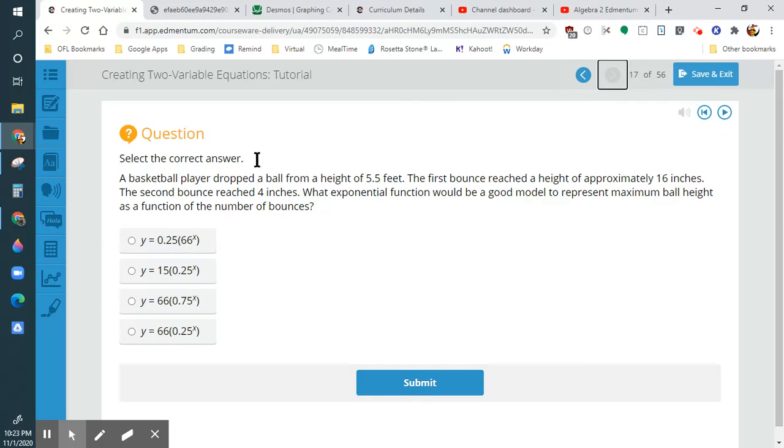All right, so let's find this. So basketball player, his height is this much, and then the first bounce, so it's going to keep decreasing. So our new is 4 and our old was 16. So we started off at 16 and then we went to 4. So this reduces to 1/4.